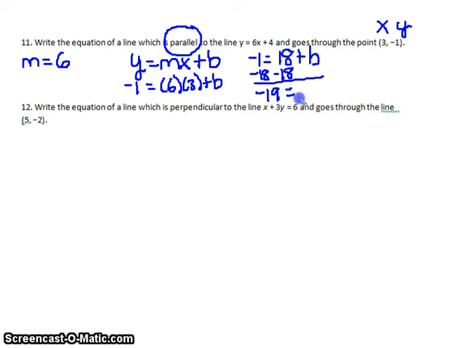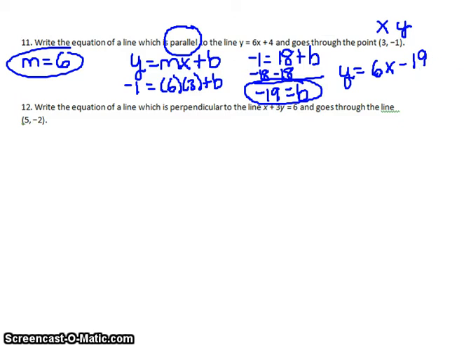So my final answer is y equals 6x minus 19. Same slope, parallel. They're the same.